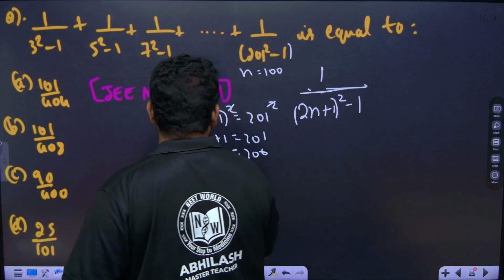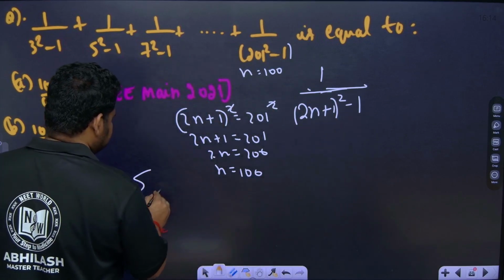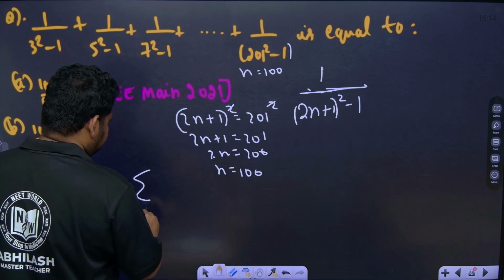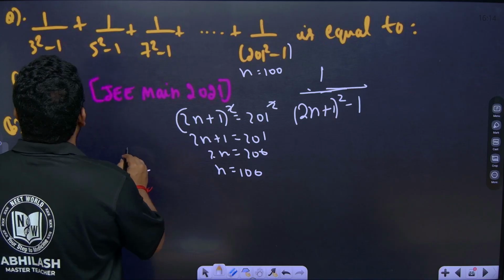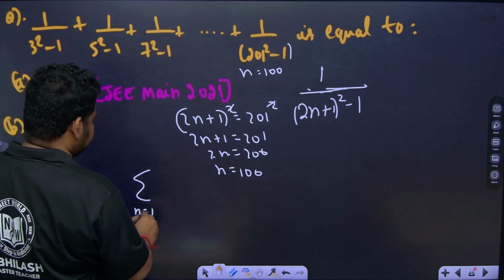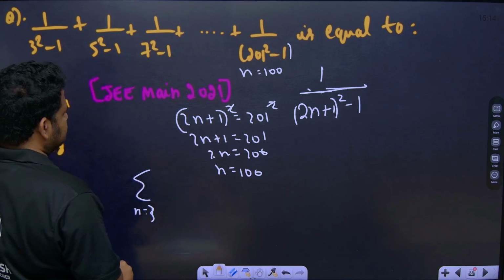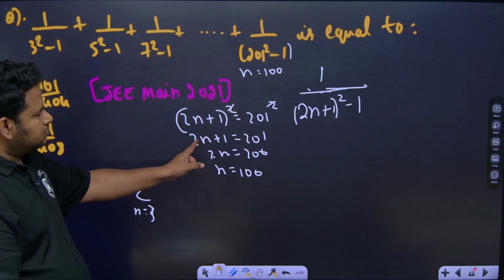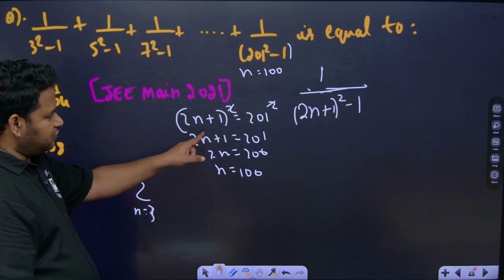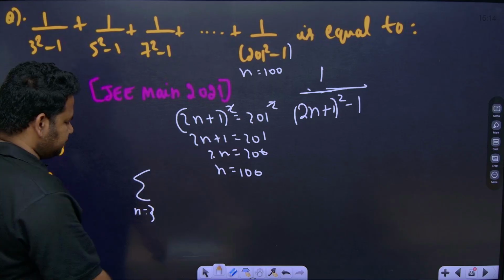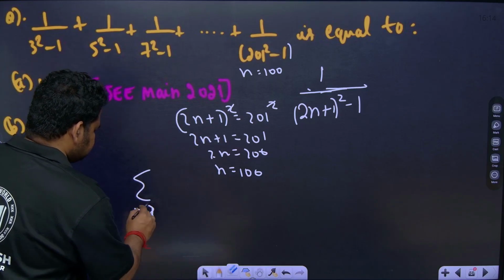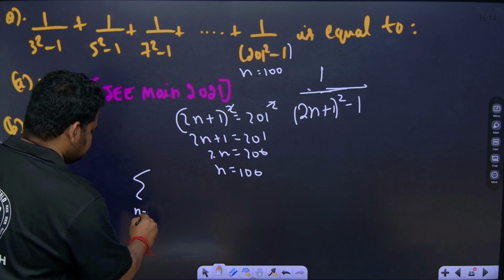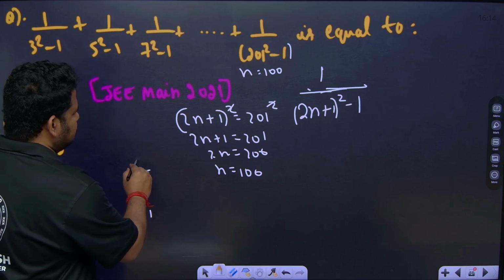So this will become summation, n running from what? N running from 1. N running from 1 to 100.